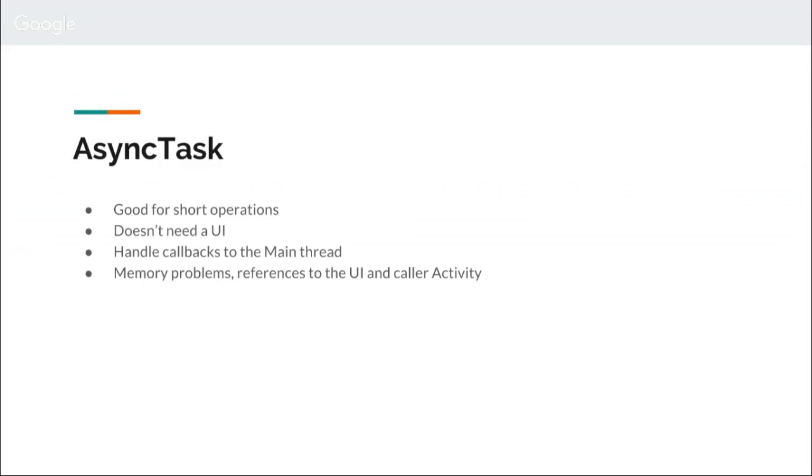If it's updating a list and the second fragment doesn't contain the list, it'll basically be lost work. It's just using memory and resources. And the other thing is that if a thread is going to post on a list, it has a reference to a list, and that list contains a reference to the activity.